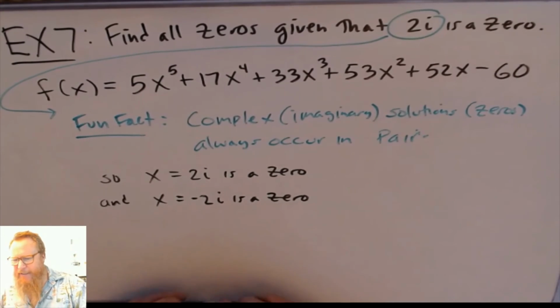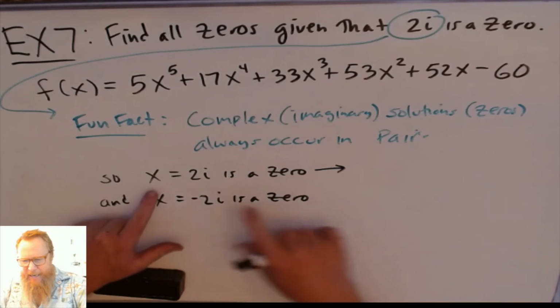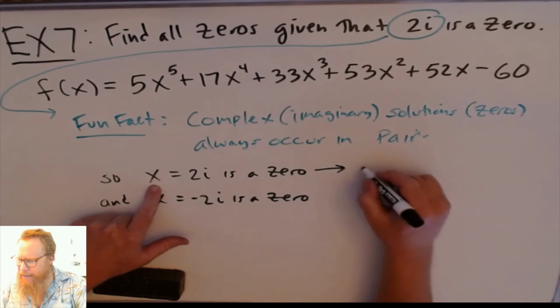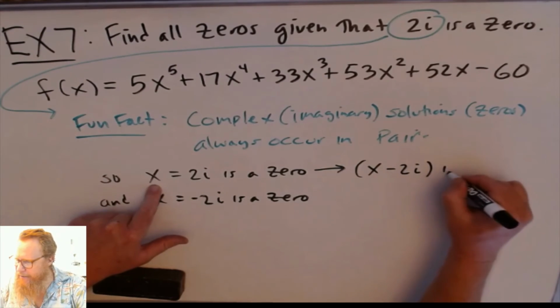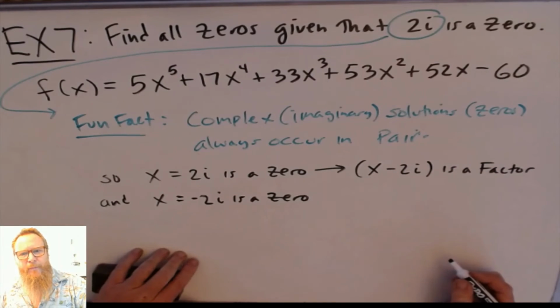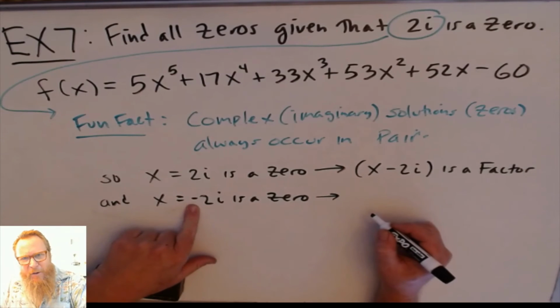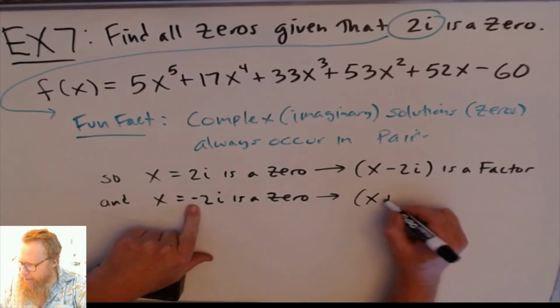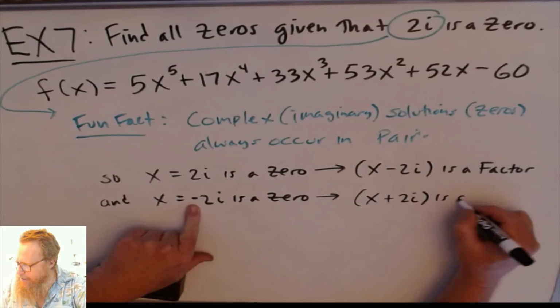Now we have to take this a little bit further. If 2i is a 0, then that means x minus 2i is a factor. And if negative 2i is a 0, then the opposite, x plus 2i, is a factor.